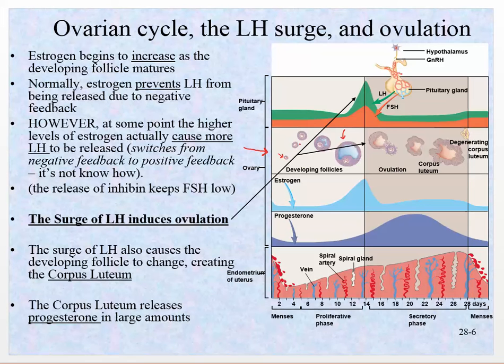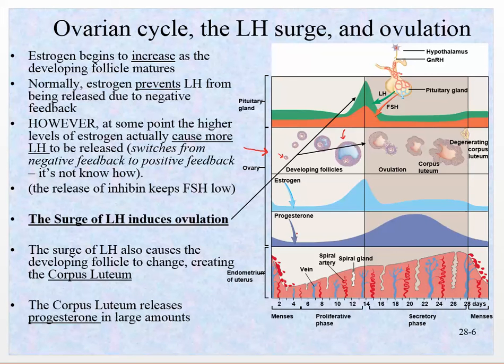The cells surrounding the developing follicle are producing estrogen and progesterone. As the follicle gets larger and larger, the estrogen levels will increase, and then right before ovulation, they will start to decrease. Something really interesting is going on, and this is so important for so many reasons.